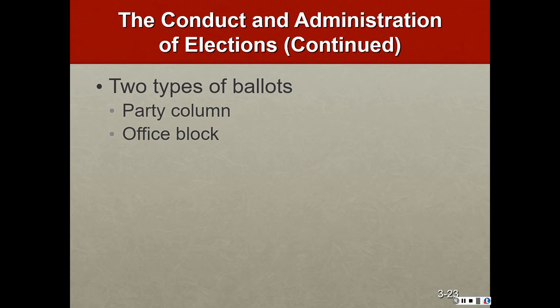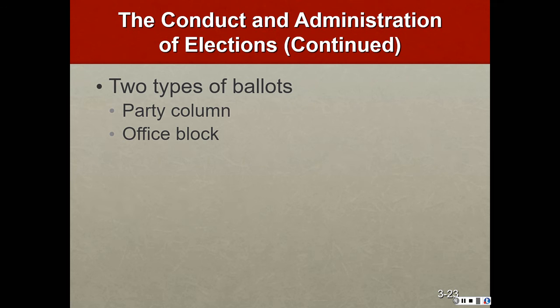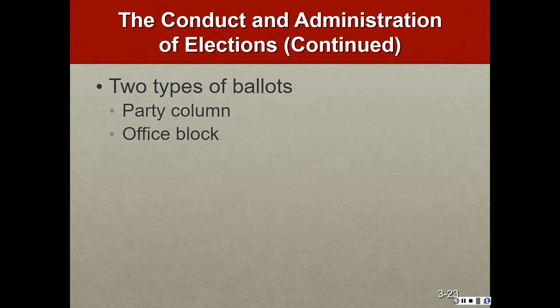So it would be, for President of the United States, we'd have Joe Blow, Republican, John Doe, Democrat, Jane Doe, Libertarian. The position is listed under one block, one office, and it tells us the party affiliation.